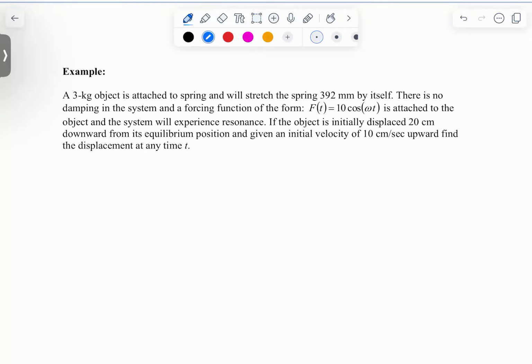There is no damping in the system, and a forcing function of this form is attached to the object. The system will experience resonance. If the object is initially displaced 20 centimeters downward from its equilibrium position and given an initial velocity of 10 centimeters per second upward, find the displacement at any time t.